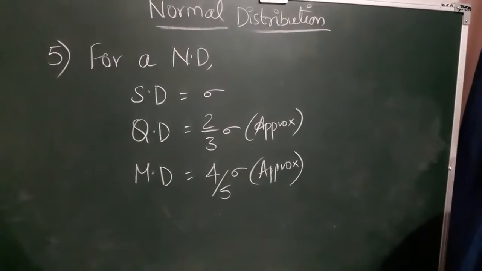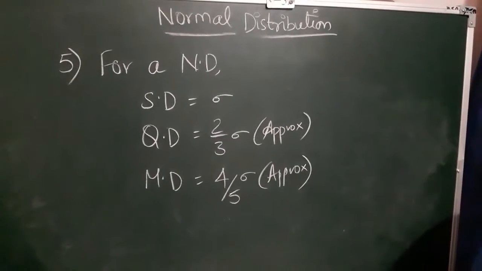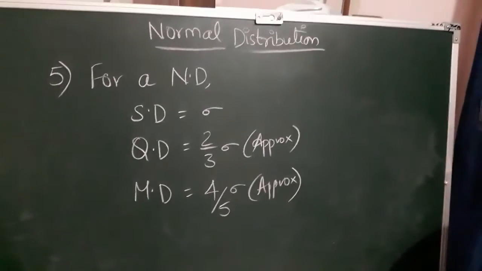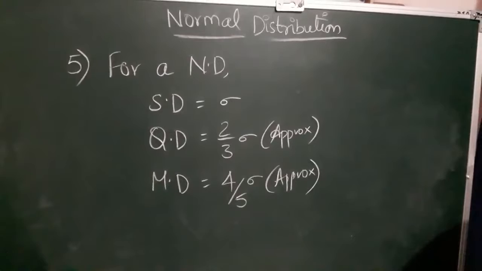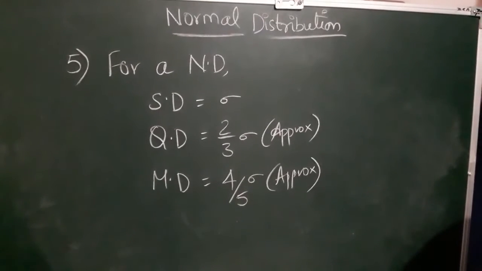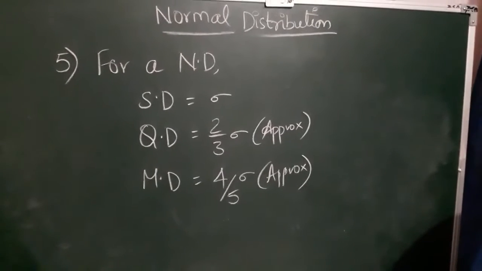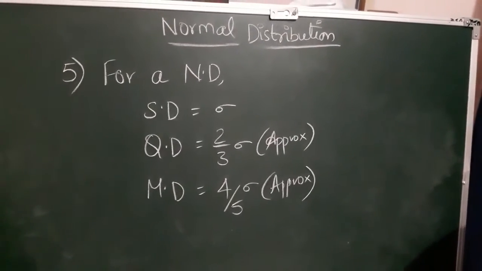And mean deviation. In the first year concept, do you remember measures of dispersion? How the observations are being scattered, dispersed. There, quartile deviation we have seen, and then mean deviation we have seen. Mean deviation about mean, about median, and about mode. And quartile deviation also we have seen by taking the 3 quartiles Q1, Q2, Q3.